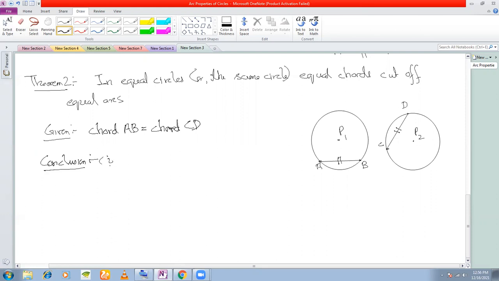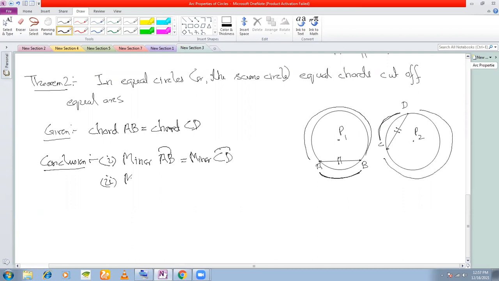Your first conclusion is that this minor arc AB must be equal to this minor arc CD. Right? Your second conclusion is that the major arcs are also equal, because this chord not only cuts off these 2 minor arcs, but it also cuts off this major arc, right?